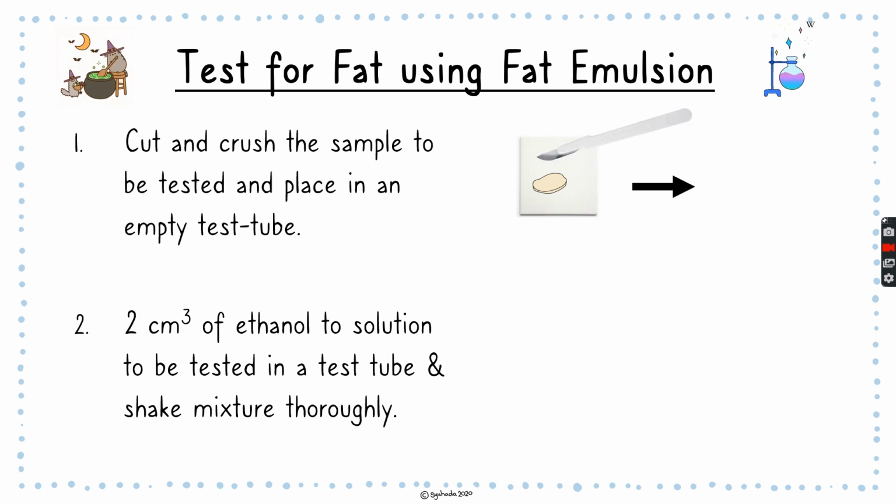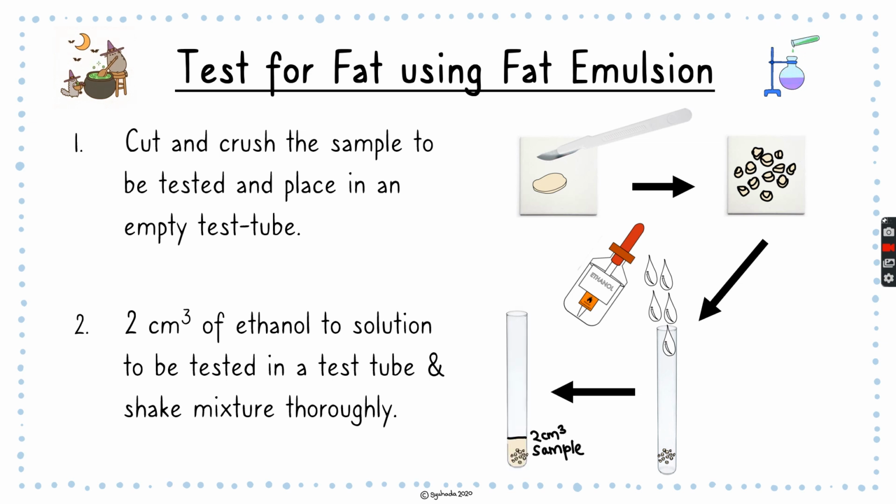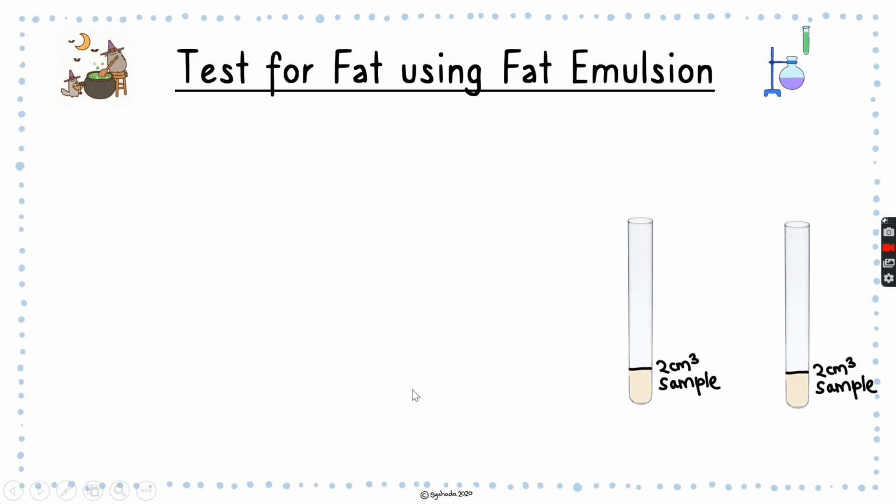And then you would actually need to cut those peanuts up into little pieces. Then make sure to put the little pieces of peanut into the test tube, and then add ethanol, not water, okay? Ethanol. So after you add ethanol, 2 cm cube of it, you're going to shake it vigorously until the fat in that food sample is dissolved in the ethanol.